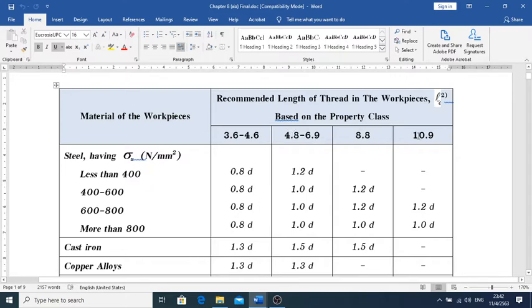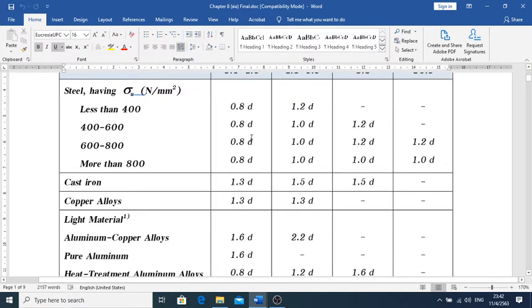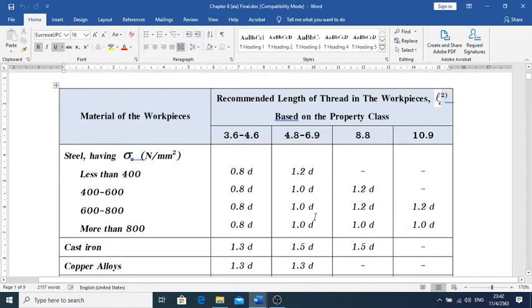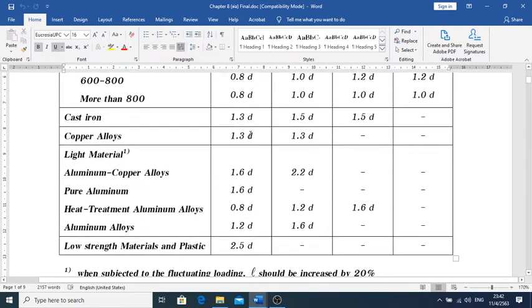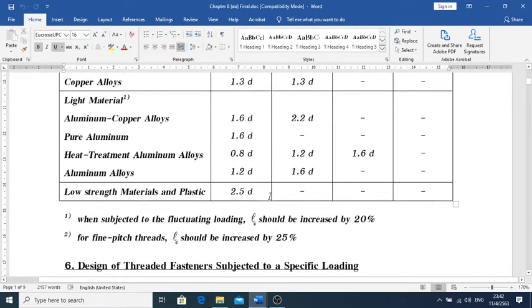This is what we recommend for cast iron. For copper alloy, we should have the L sub E in the workpiece look like that. And then for other materials, look like that.